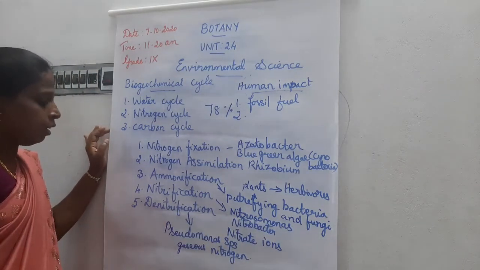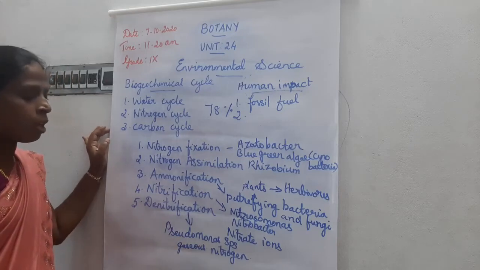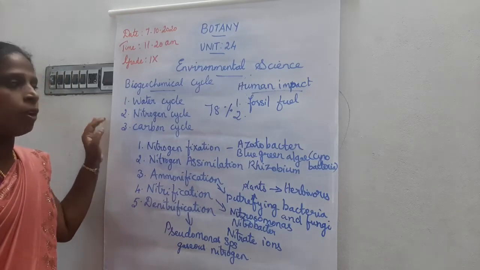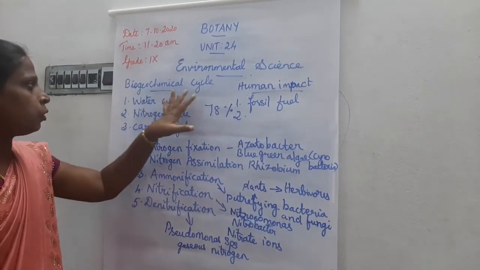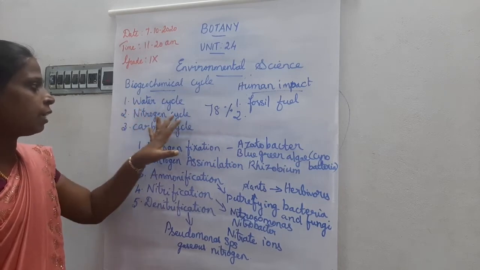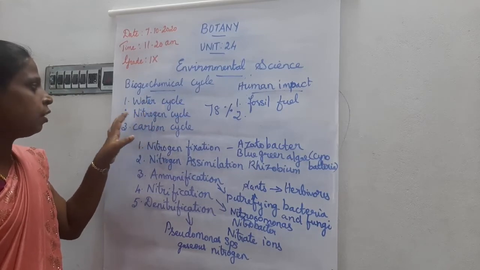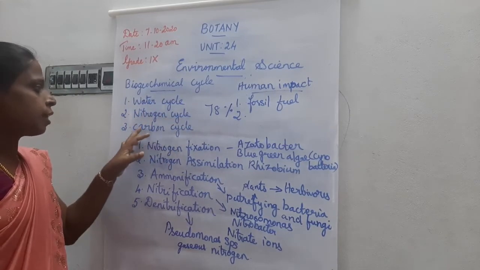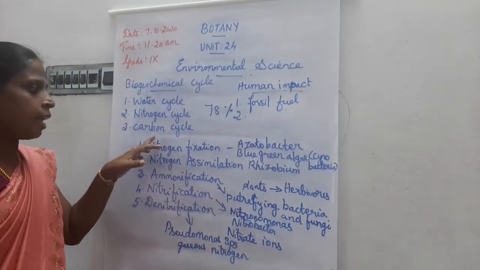And during denitrification, it is Pseudomonas species. Today we have learned about the nitrogen cycle. The biogeochemical cycle consists of three: water cycle, nitrogen cycle, carbon cycle. Last class we learned about the water cycle, today the nitrogen cycle, and next class we will learn about the carbon cycle.